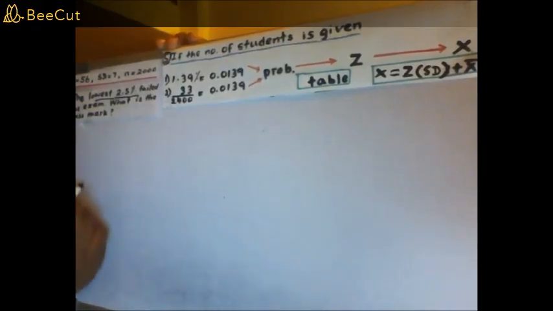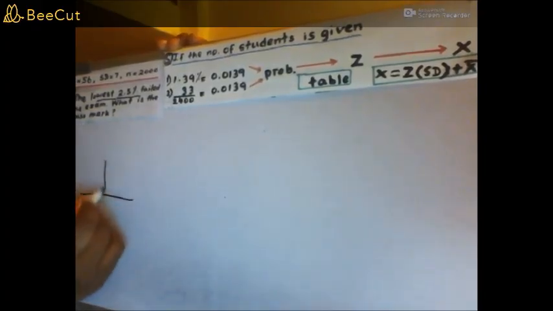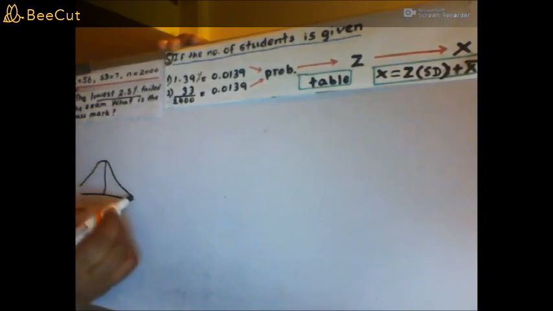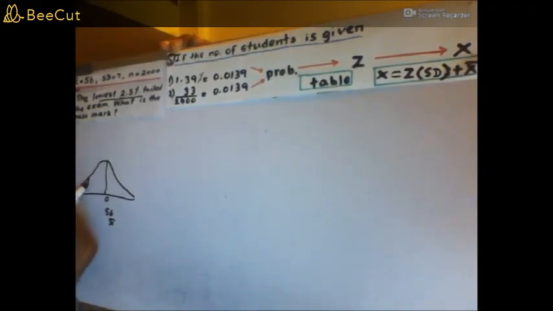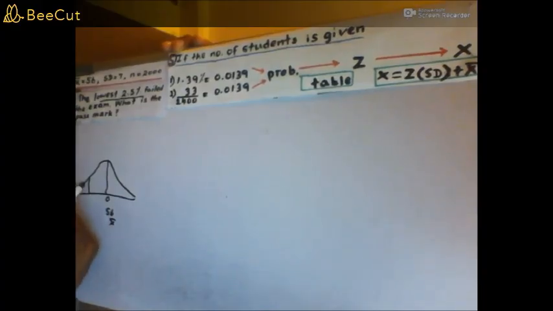Now we'll draw the curve here. 0, it's 56. X bar. And the lowest 2.5. Where are the failures? Here. On the left side. So shade it. And what's the probability of that one? Percentage.